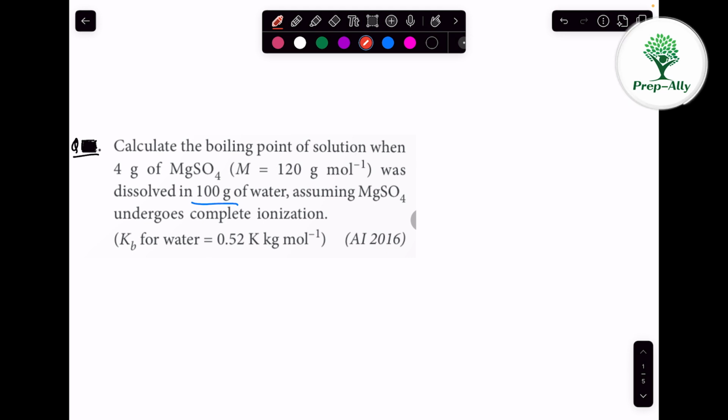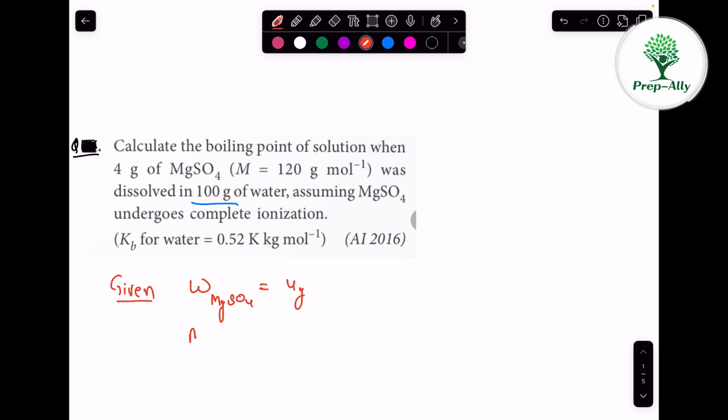The second question is, calculate the boiling point of a solution when 4 gram of MgSO4 was dissolved in 100 gram of water, assuming MgSO4 undergoes complete ionization. Now first of all, we need to write the given values. What are the values we have? First, the weight of MgSO4, which is 4 gram.